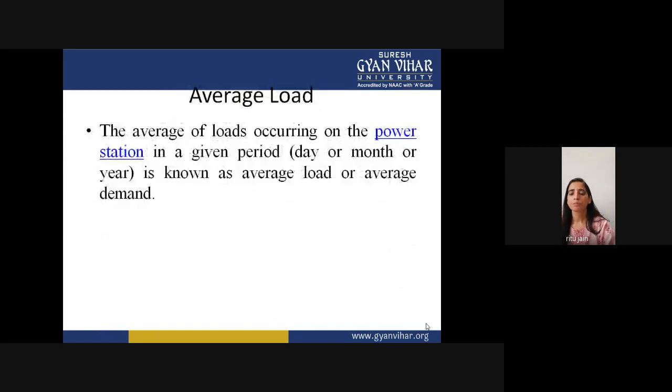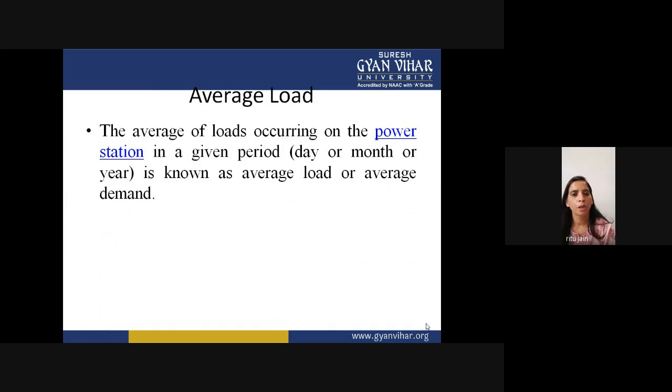So the station must be capable of meeting the maximum demand. Now, what is your average load? So the average load occurring on the power station in a given period, day or month. Suppose for particular hours you are consuming 200 megawatt, for the next particular hours you are consuming 100 megawatt, then the average load will be your total load divided by the period.